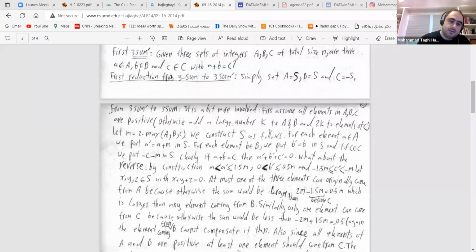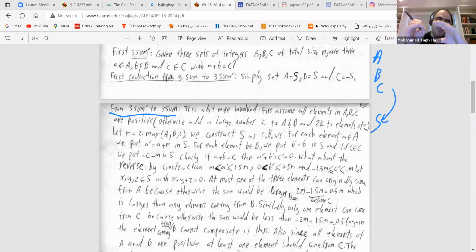Okay. So from three-sum prime to three-sum, this part is a bit more involved. Why? Because we have three sets A, B, and C, and we want to turn all of them into just one set S. The idea is that we have a different range for A, B, and C in S. That's the whole idea.